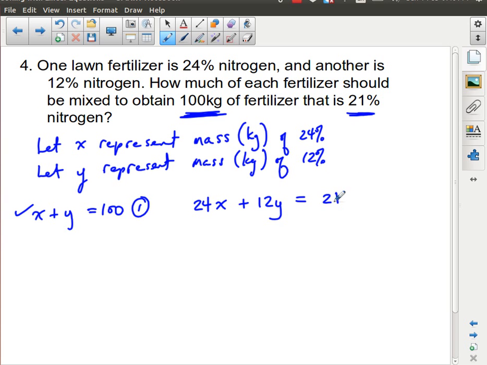And obviously the thing that's missing there is how much of the 21% mixture. I've got a percentage times a percentage times a mass, so I need a percentage times a mass. And so for this one, I also need to include 100. So this one is a percent times a mass, a percent times a mass, a percent times a mass.